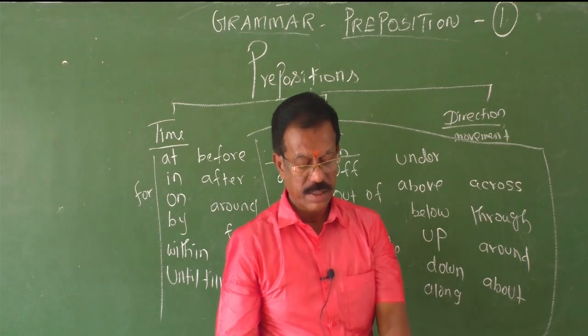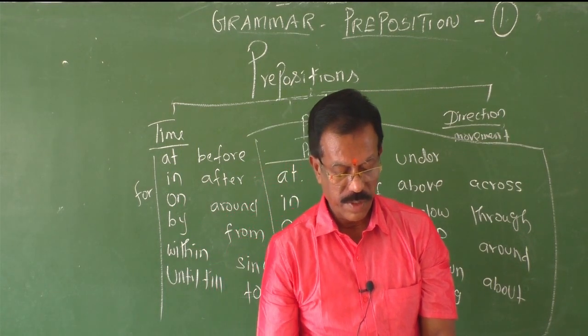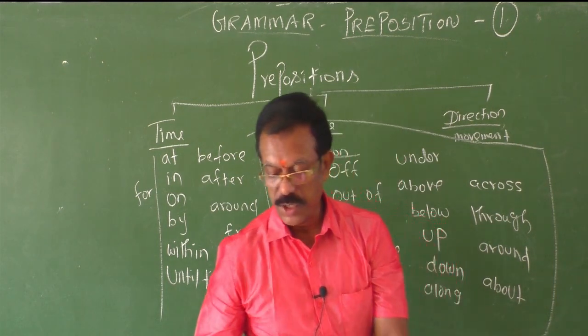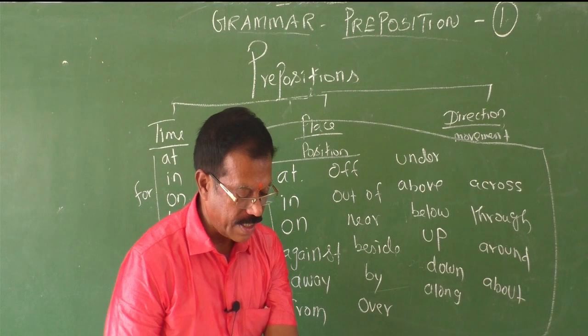So they are called prepositions of places. They are also called prepositions of position because they show the position as well as the place.